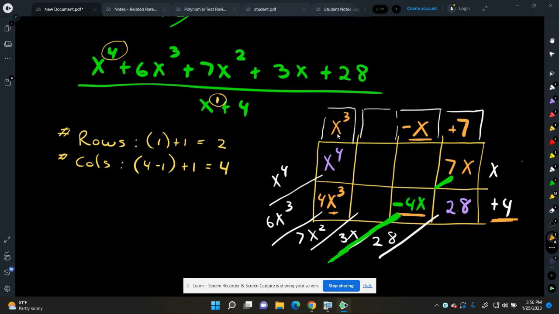So that's good. Let's keep filling in the boxes. Now we have negative x times x. That gives us negative x squared. Okay. Well, we're getting somewhere.